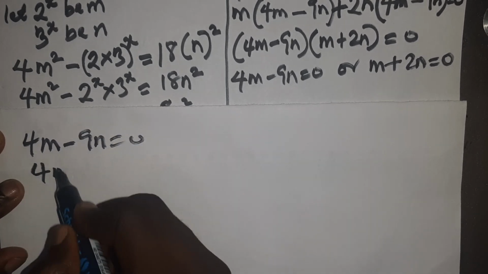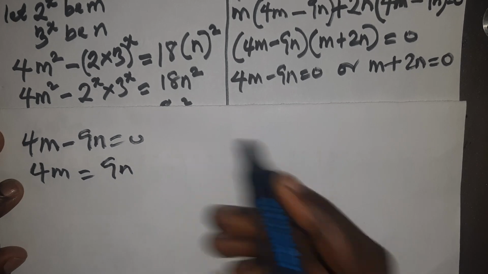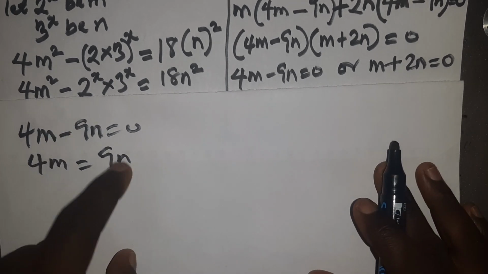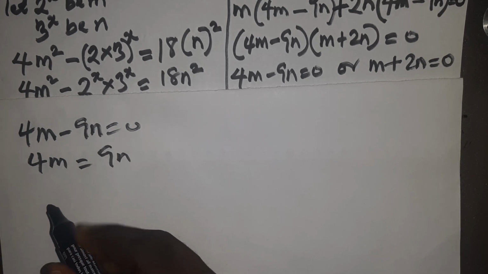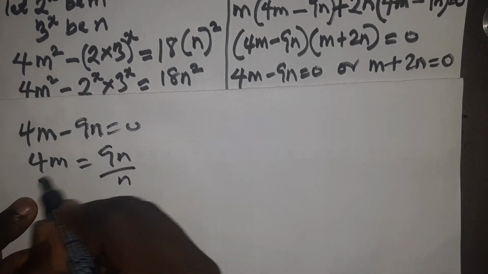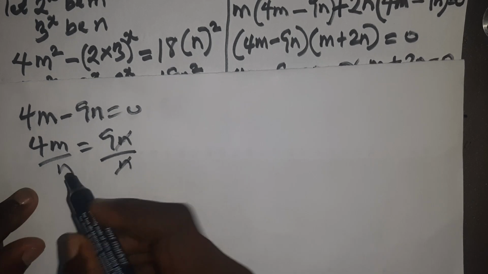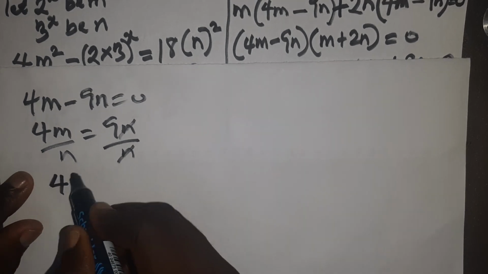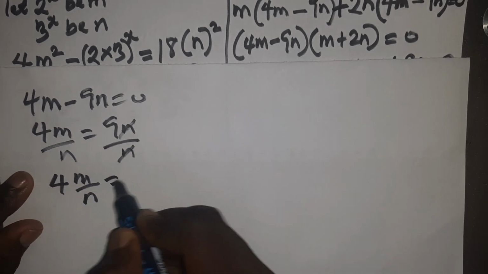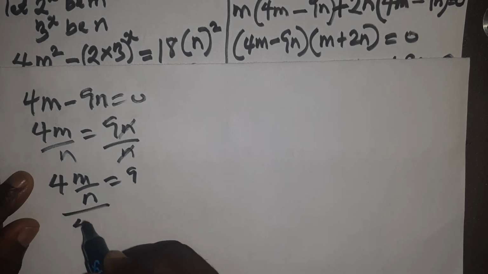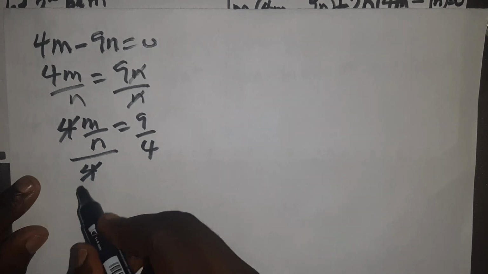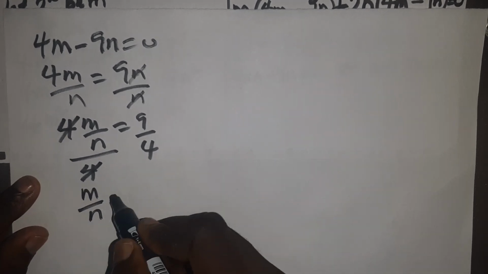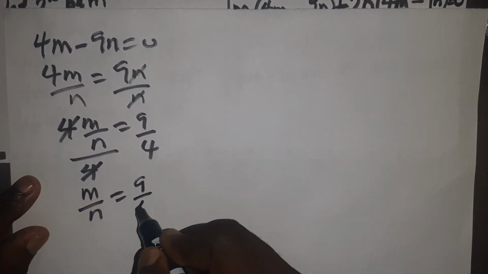You're now having 4m equals 9n because your minus 9n becomes plus 9n here. Then we could divide through by n first of all. So we now have 4m over n equals 9, and also divide through by 4. So we now have m over n equals 9 over 4.